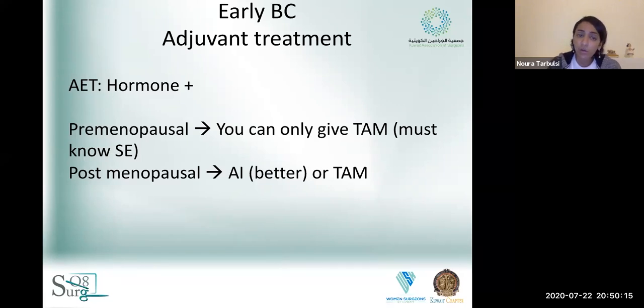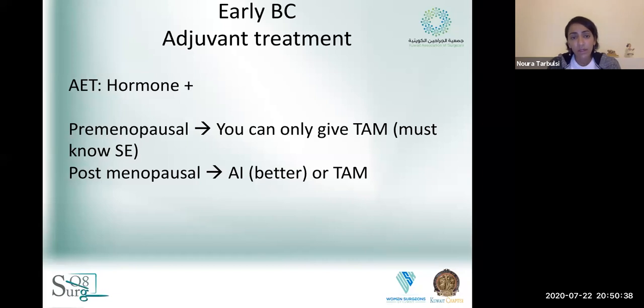If the lady is postmenopausal, then we could either give them AI or tamoxifen. We usually prefer aromatase inhibitor because it's better tolerated, and studies have shown that the adherence to aromatase inhibitors is better, and there is a slight survival advantage when using aromatase inhibitors over tamoxifen in postmenopausal ladies.